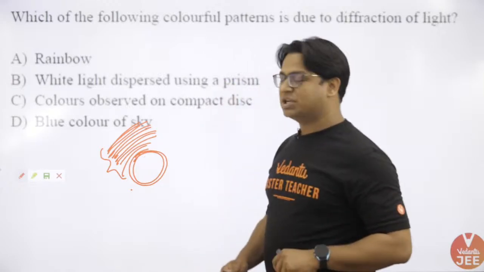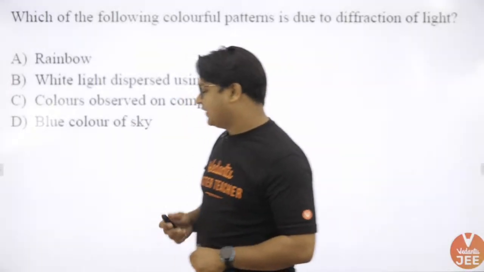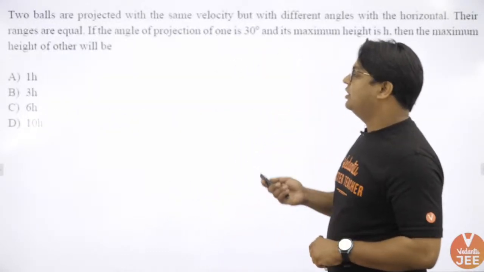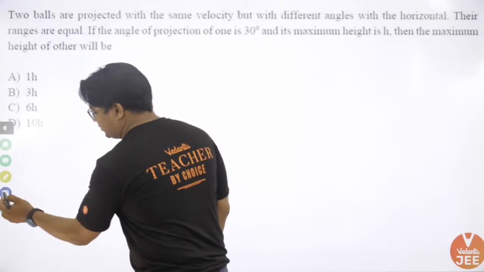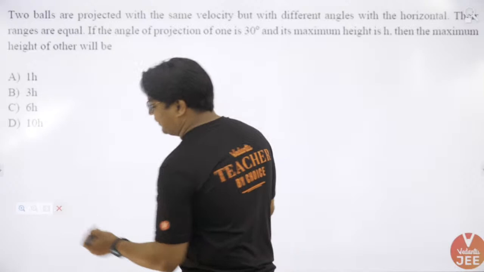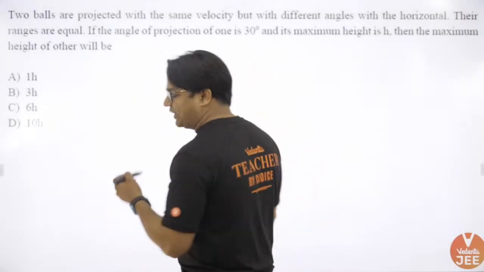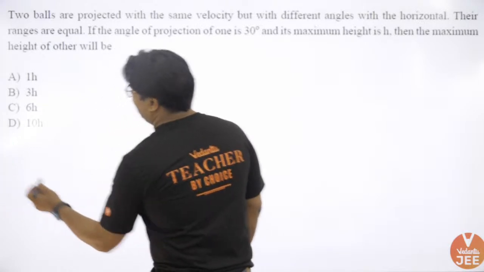So the beautiful colors that we see on a compact disc are because of diffraction. All right. Again, this was something that we have previously solved. That tells us how good our students were in providing us with memory based questions. So thank you students, thank you so much. We enjoyed doing that discussion for you.